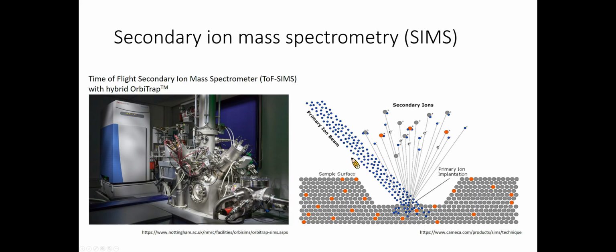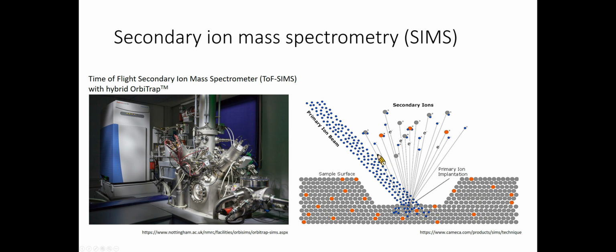In secondary ion mass spectrometry, a primary high-energy beam of ions, usually oxygen, argon, or cesium, with energies of about 10 kiloelectron volts, is aimed at a small area of the sample, such as a mineral grain.